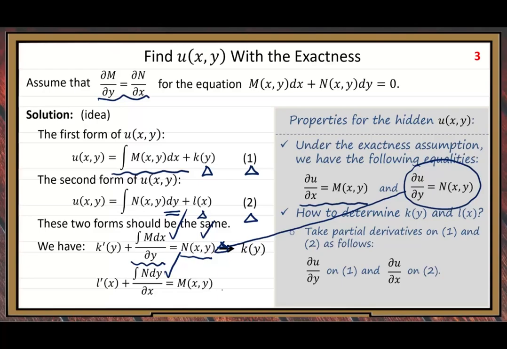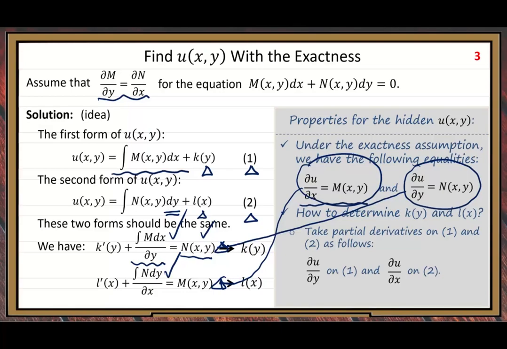The right-hand side, the m function, is also known. Then the l prime function is known, so we can find the little l function, containing another constant. The variable part can be determined.